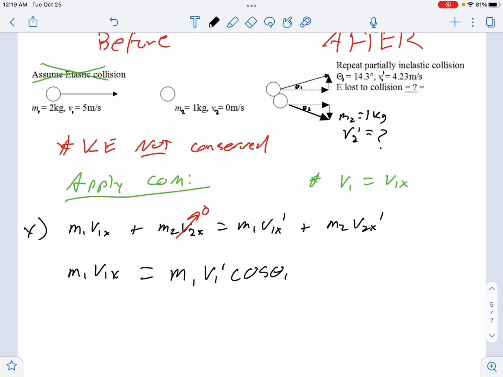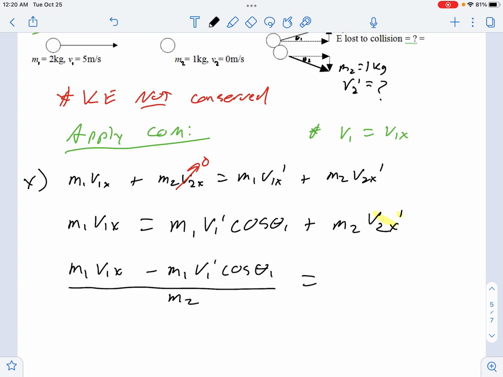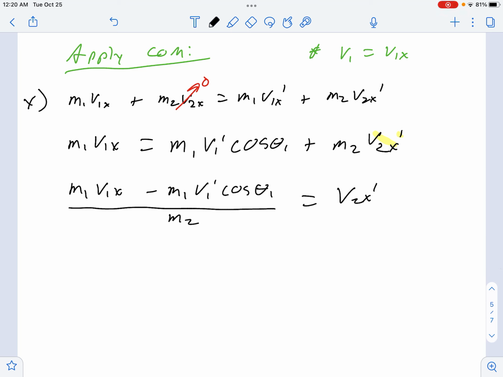But I'm going to leave the V2x prime as it is, because if I tried to plug in my theta for this V2x prime, I'd wind up with an equation with 2 unknowns, which doesn't really help. It's going to be easier just to solve for this V2x prime. So I've got m1 V1x minus m1 V1 prime cosine theta 1, divided by m2, is equal to this V2x prime. Certainly something we can solve.